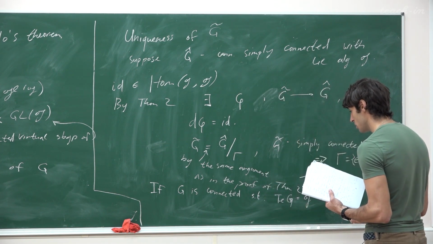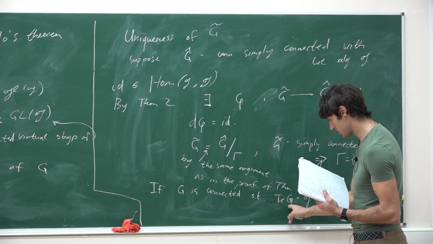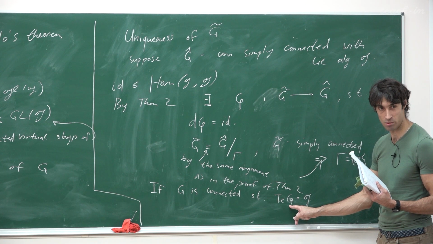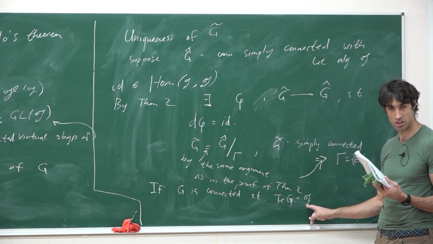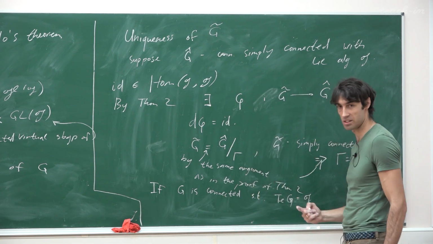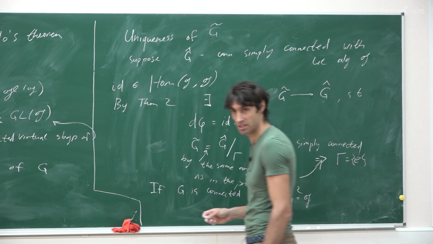well, you just consider, again, its universal cover, right? This will be connected, simply connected with this Lie algebra g, right? So therefore, and because of uniqueness, it will coincide with G tilde, right?